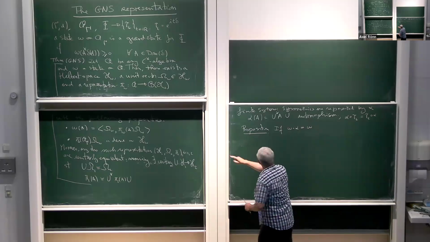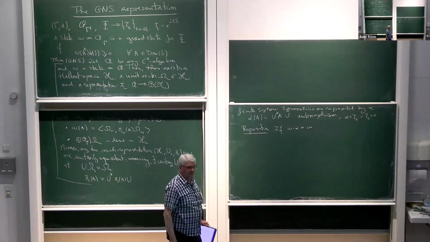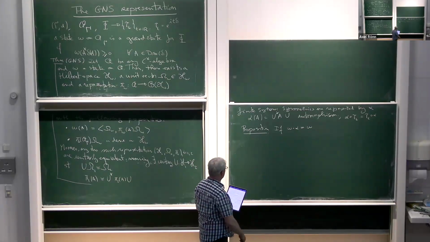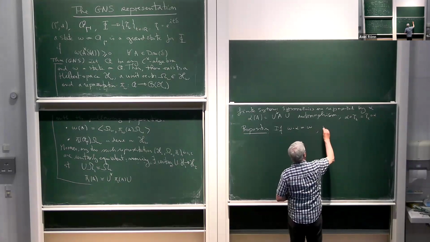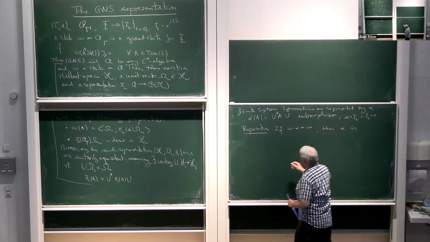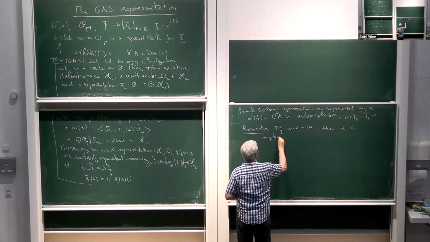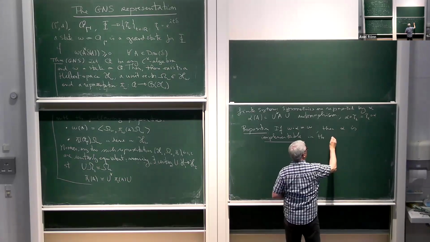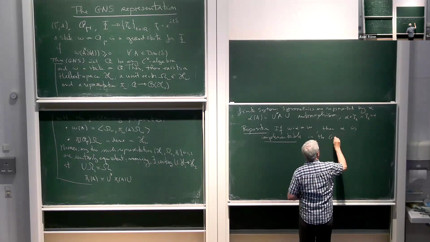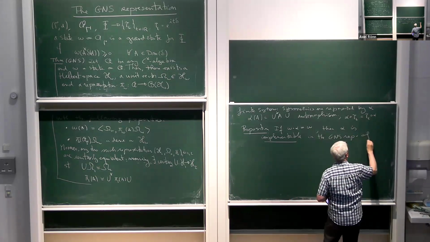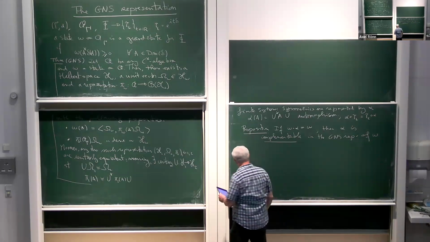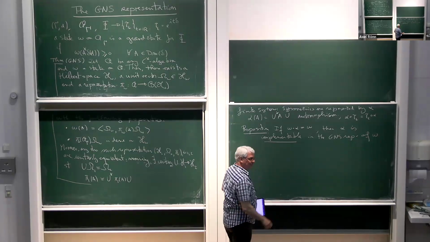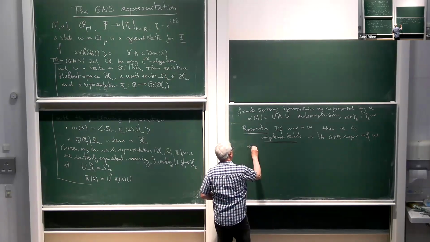But if the state omega is invariant under the automorphism, so you compose it with the automorphism, then alpha is implemented in the GNS representation. This means there is a unitary, which I will show exactly what it means. And the proof is very simple.